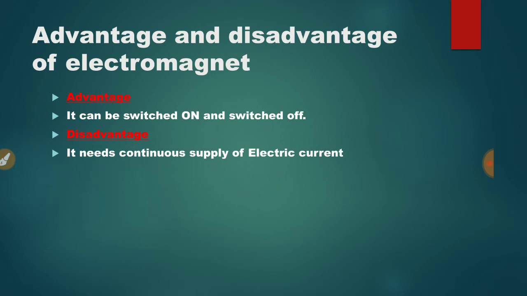Whenever we pass the current through it, it behaves like a magnet, but when we switch off the current, it behaves like a simple coil. What is the disadvantage of an electromagnet? It needs a continuous supply of electric current. This electromagnet will behave like a magnet only as long as current is passing through it. So if, suppose, the electricity goes off, then it will not behave like an electromagnet. So this is the disadvantage, that it needs a continuous supply of electric current.